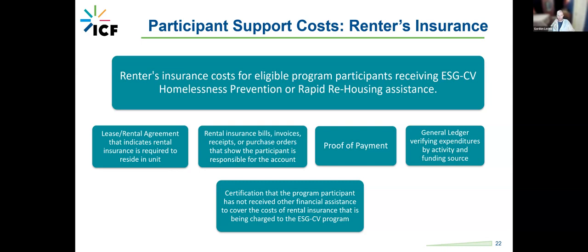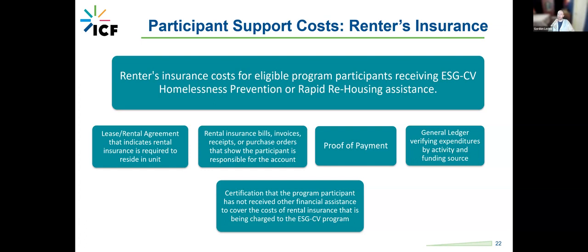You're also going to need a lease or rental assistance agreement that indicates that renters insurance is required to reside in the unit. You will also need certification that the participant is not receiving other financial assistance to cover the cost of rental assistance that's being charged to the ESG-CV program.